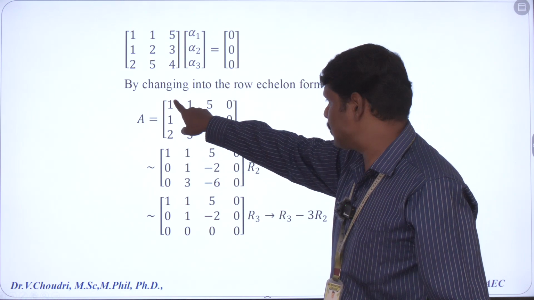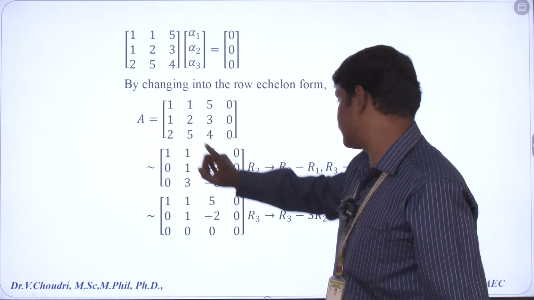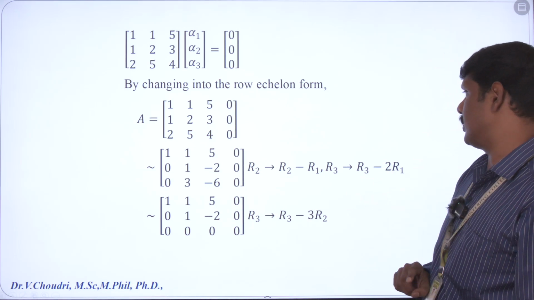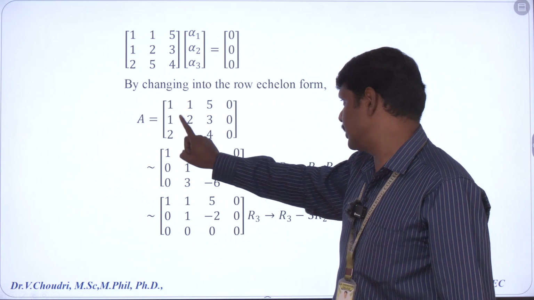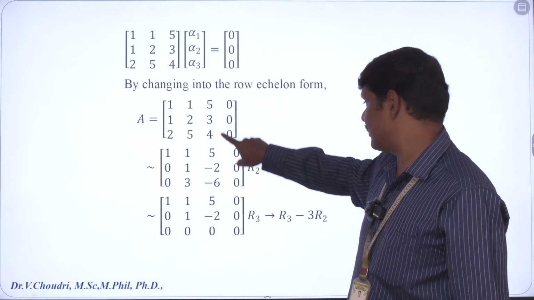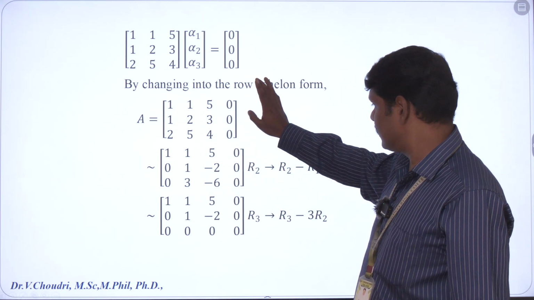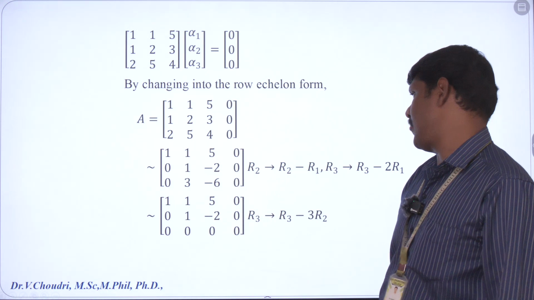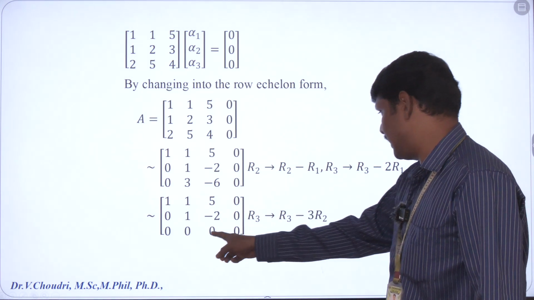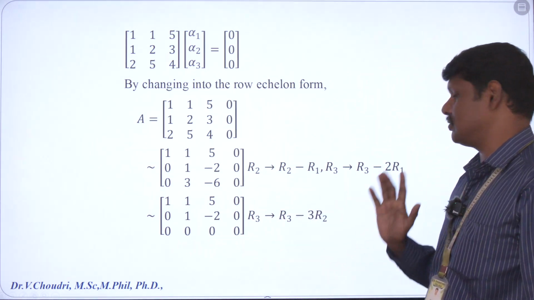Here multiplied by 2, then only 2 minus 2 comes 0. So that R3 is changed by R3 minus 2 into R1. So 2 minus 2, 0, 5 minus 2, 3, 4 minus 10, minus 6, 0 minus 2 into 0, 0 only. Okay, again we simplify by R3 minus 3 R2, we can get the third vector goes to 0, 0, 0.